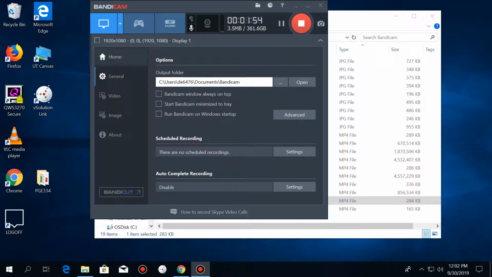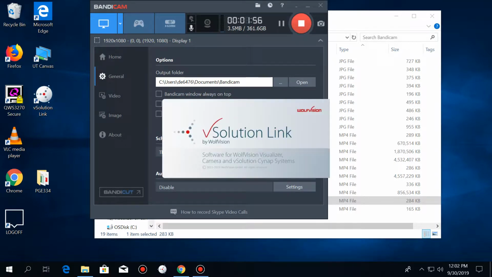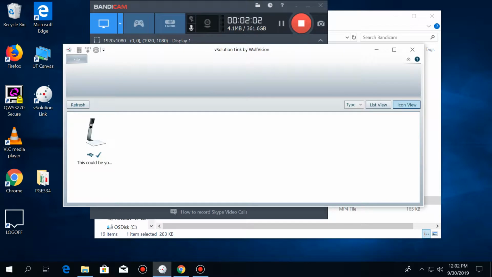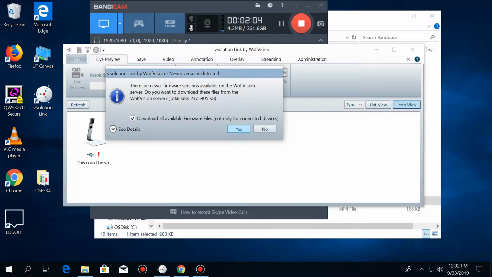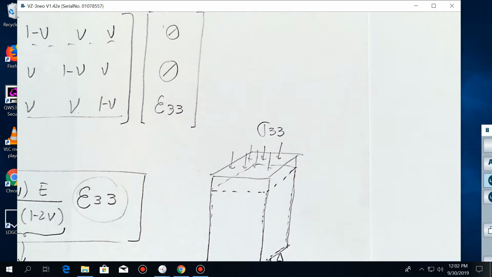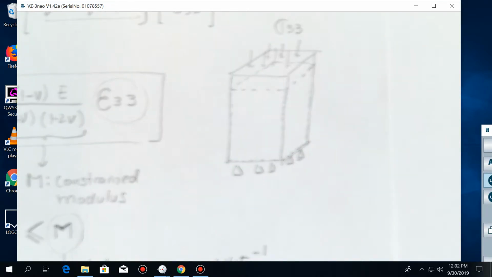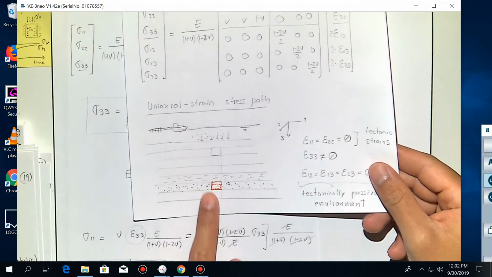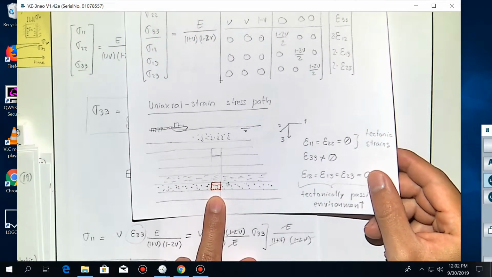And let me initiate the dog camera. The first problem that we solved was about a uniaxial strain stress path. And that's the strain path, this one, that applies to many places like this one without any tectonic strain.